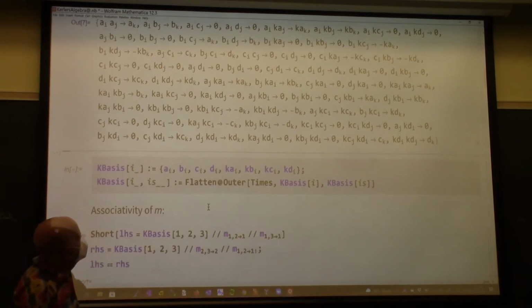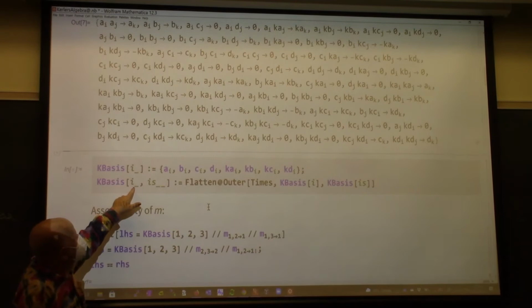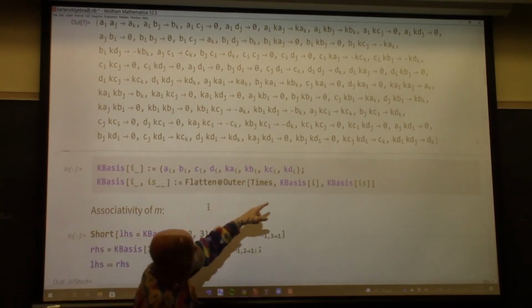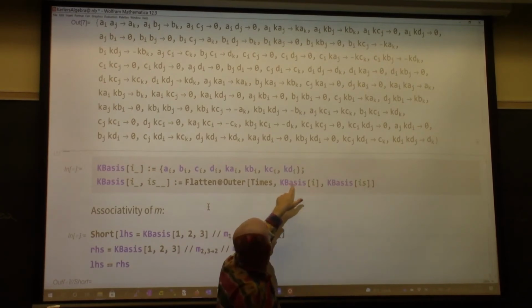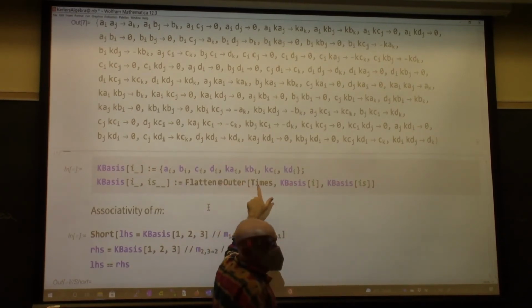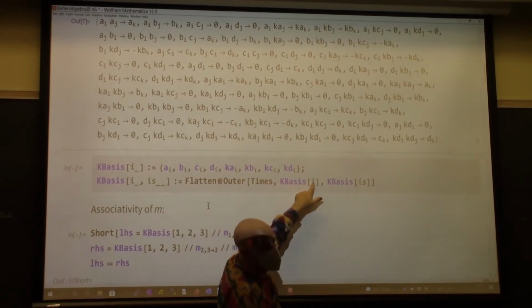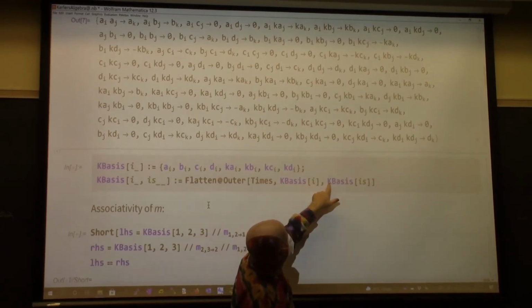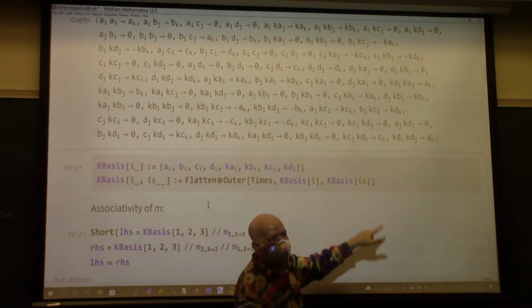And if you want the basis with several tensor factors, then you take the Cartesian product, that's this outer product here: the Cartesian product of the basis in position of tensor factor i with the basis in the rest.